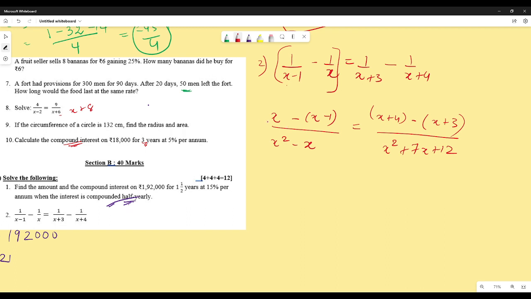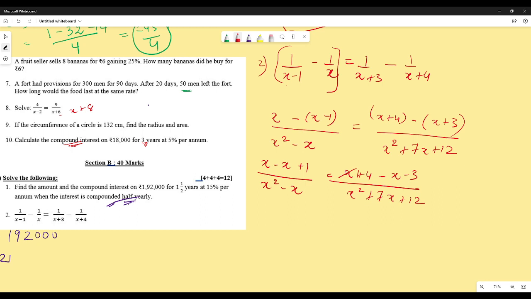So you open up the brackets and you get x minus x plus 1 by x square minus x equals to x plus 4 minus x minus 3 by x square plus 7x plus 12.